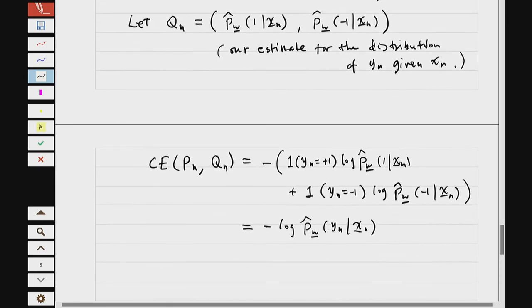This is the same as this one, right? Because when this is negative 1, this yn becomes negative 1, and this one is true only if yn is plus 1. In that case, this yn goes to plus 1. So these two are the same thing.